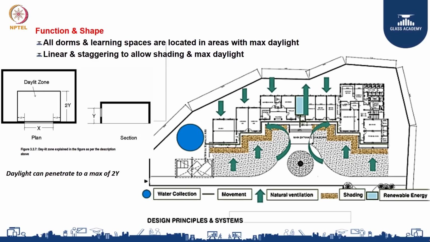As I told you, this is an orphanage building and we had absolutely no budget to play along. So we had to make sure that our plan, form and shape require no additional cost. We made sure that the majority facade of the building faces the north, because from the north you have maximum daylight and at the same time minimum direct heat gain.